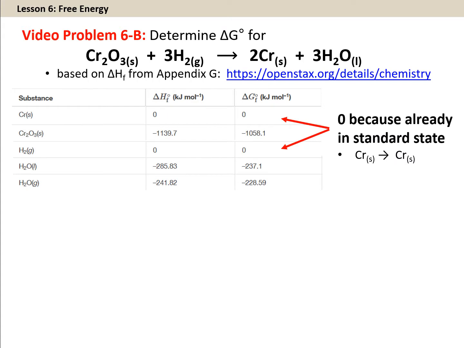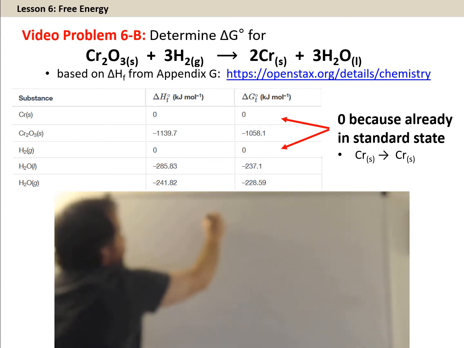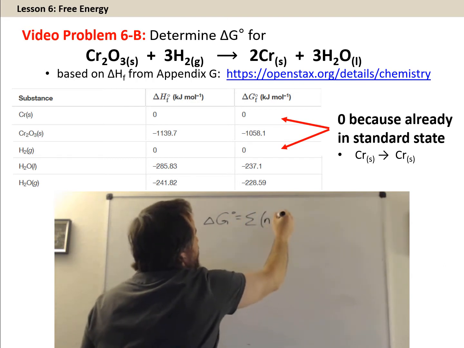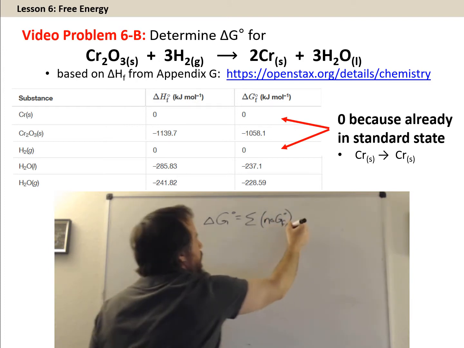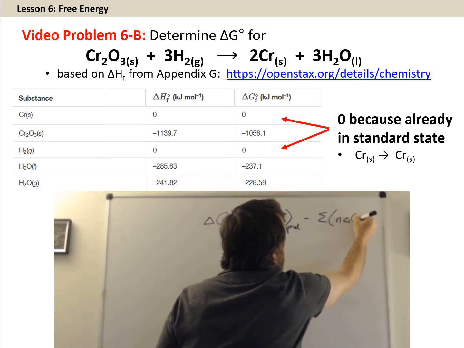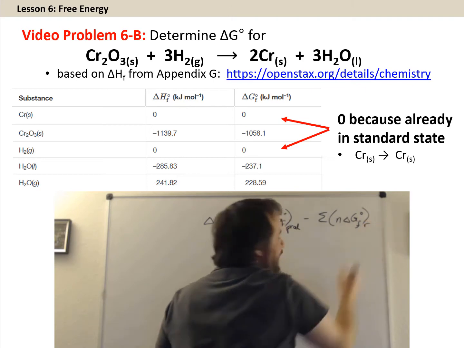Okay, let's move on. This is video problem 6B. We're now using a different way to find delta G, and that different way is using the Gibbs free energy of formation. So delta G naught is equal to the sum of n times the delta GFs for products minus the same thing for reactants.